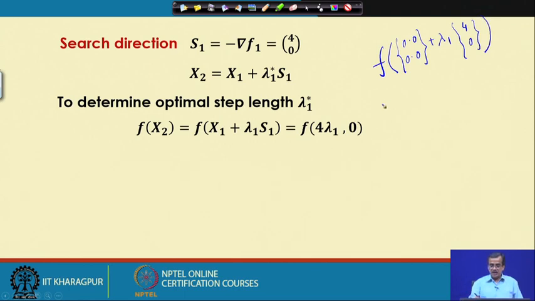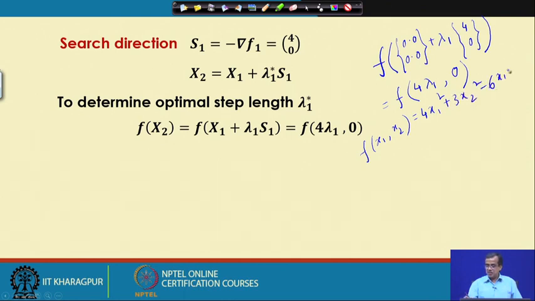Now, this can be written as f of 0 plus 4 lambda1, that is 4 lambda1, comma 0 plus 0, so this will become 0. Now, we substitute this in the expression of the objective function, f of x1, x2 equals 4 x1 square plus 3 x2 square minus 6 x1 x2 minus 4 x1.